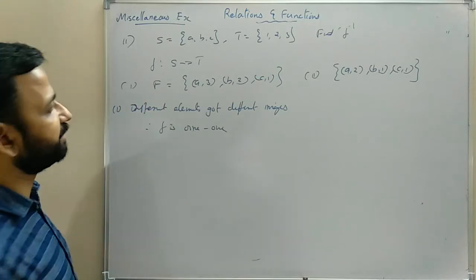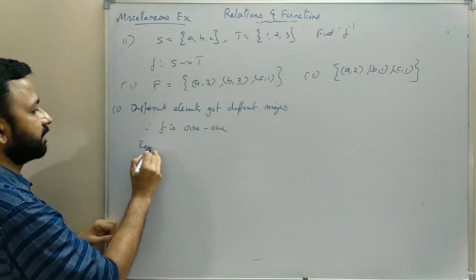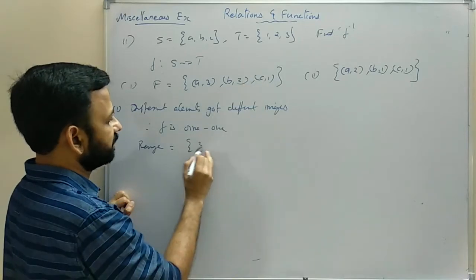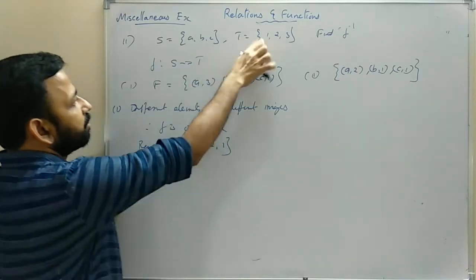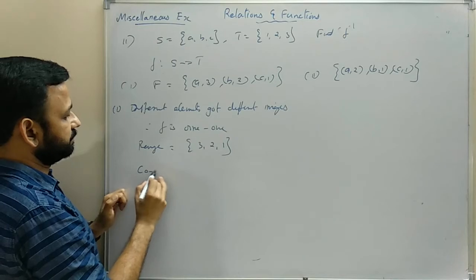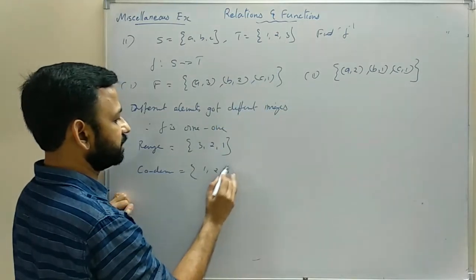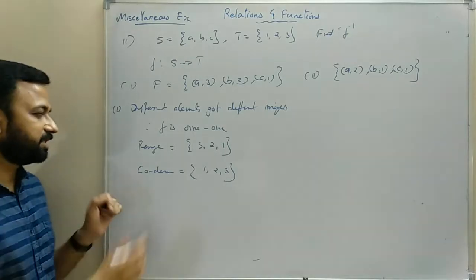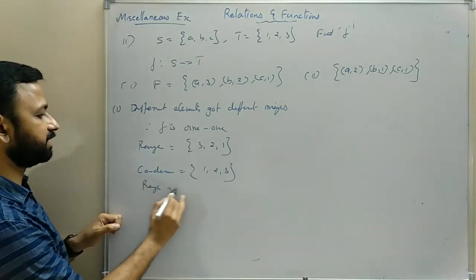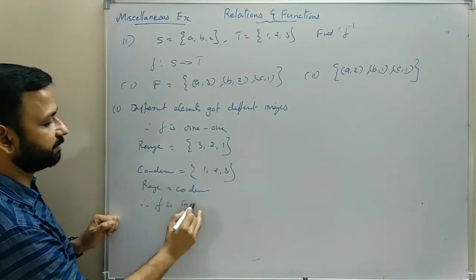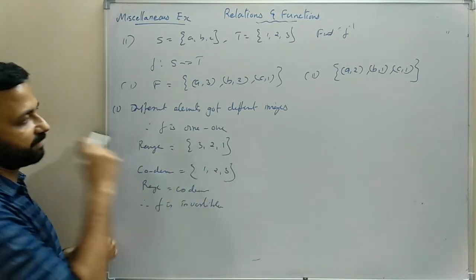Then only we can find the inverse. Range is the set of images {3, 2, 1}. Then codomain, that is the set {1, 2, 3}. Both of them are equal. So range is equal to codomain. Therefore, f is invertible. f is an invertible function.